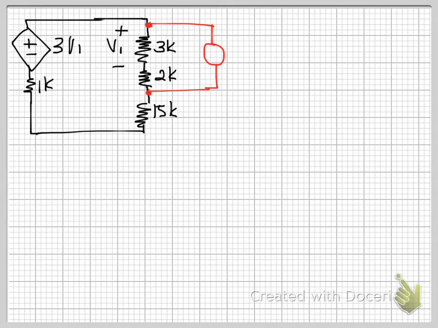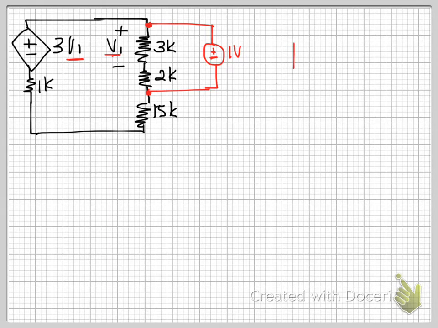Whenever it comes to this, I always look at whether the dependency is on a voltage or a current. You can see that this is 3V1 and this is V1, right? So therefore, it would be better if you use a voltage source here. The reason is that now you can easily determine the value of V1 because you use a voltage source.